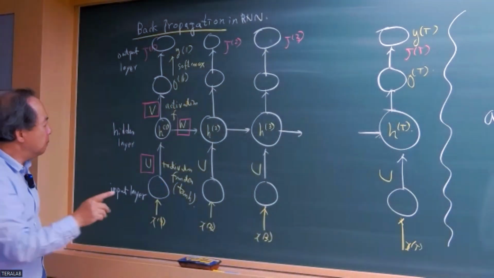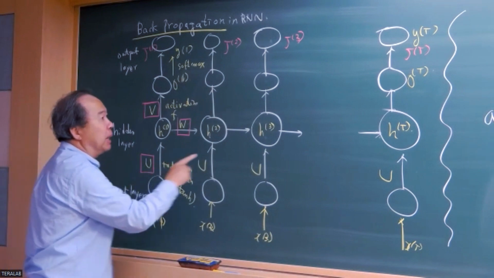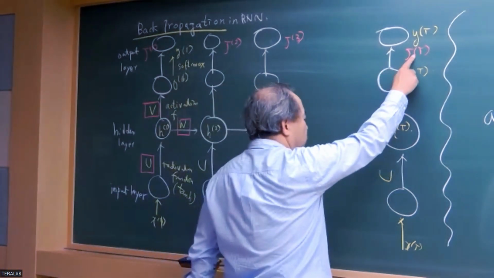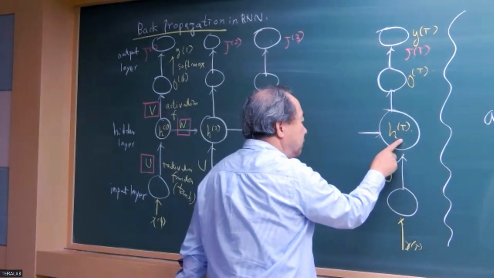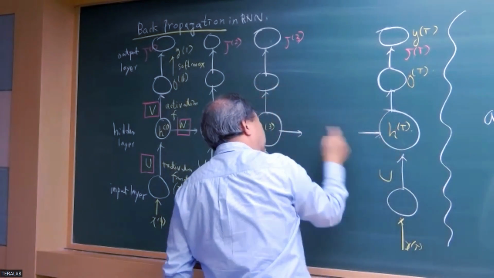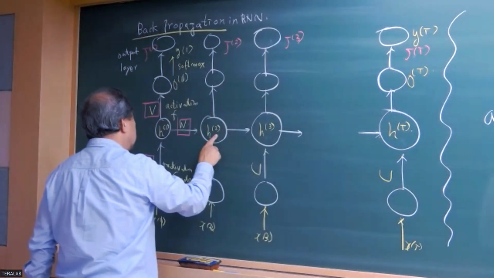If you want to update U matrices, this element is affected by the loss function and the hidden layer at each step, and it goes back through the propagation, HT, HT-1, H3, H2, H1.